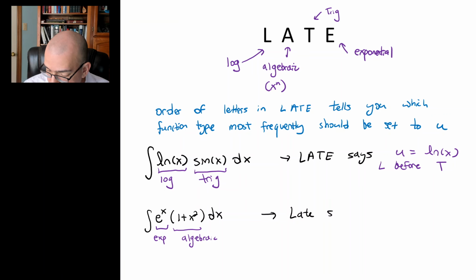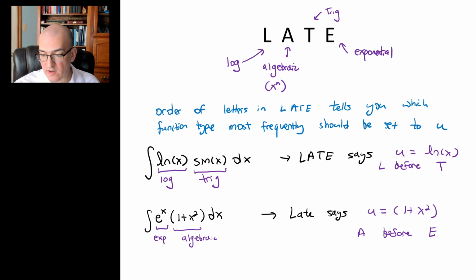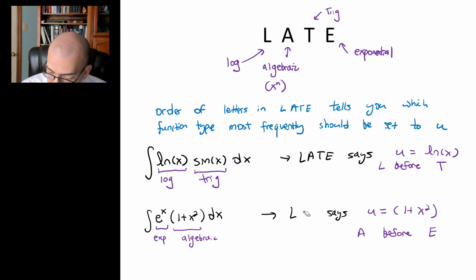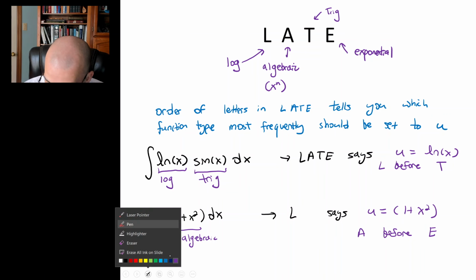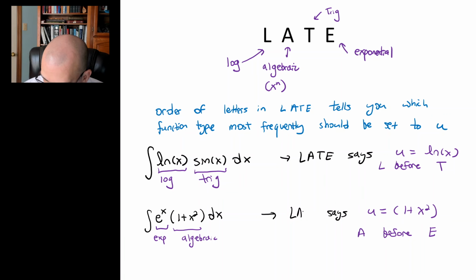LIATE says u is equal to 1 plus x squared, because the algebraic part in the letter LIATE comes before the exponential part. The a comes before the e. So just two examples, etc.